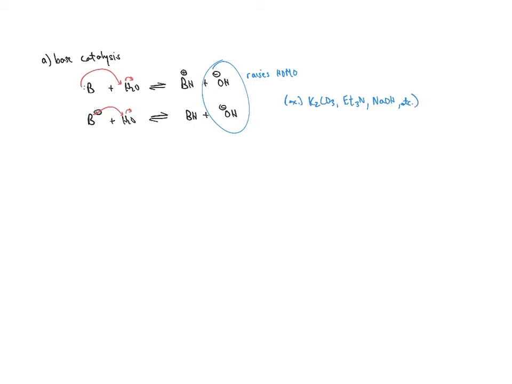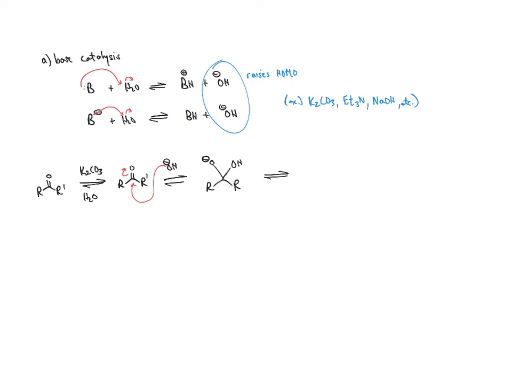And so we can draw a mechanism here. So we've got, let's say, our generic ketone. We can react it with potassium carbonate and water. That's going to give us, according to the mechanism above, OH minus. This OH minus is going to attack the pi star CO. That leads us to a tetrahedral intermediate. So you've got now a new carbon-oxygen bond. We've got an oxygen with a minus charge on it.